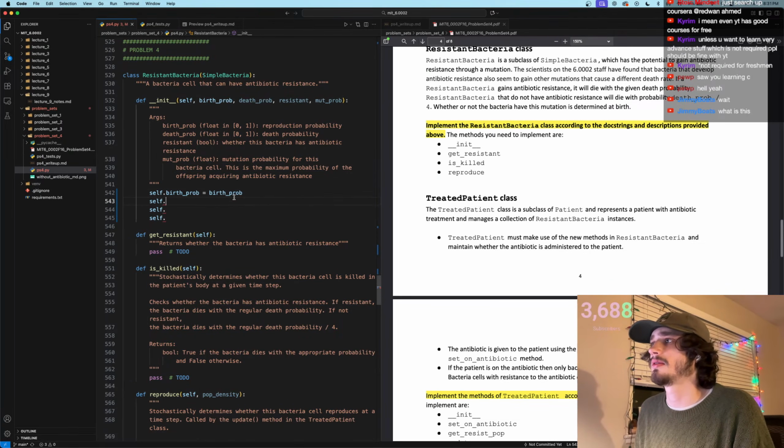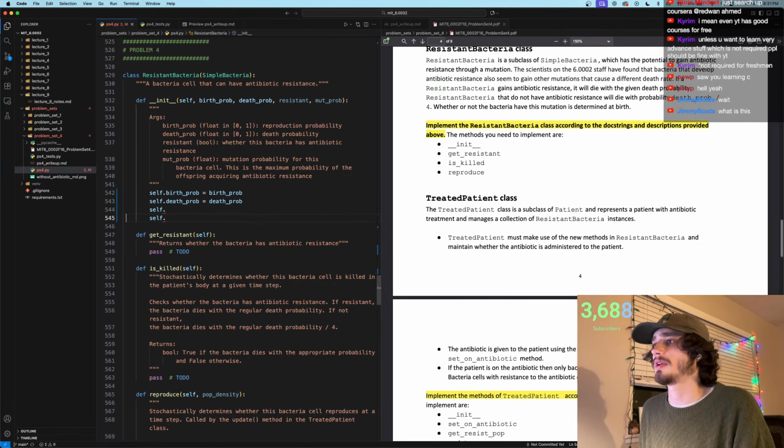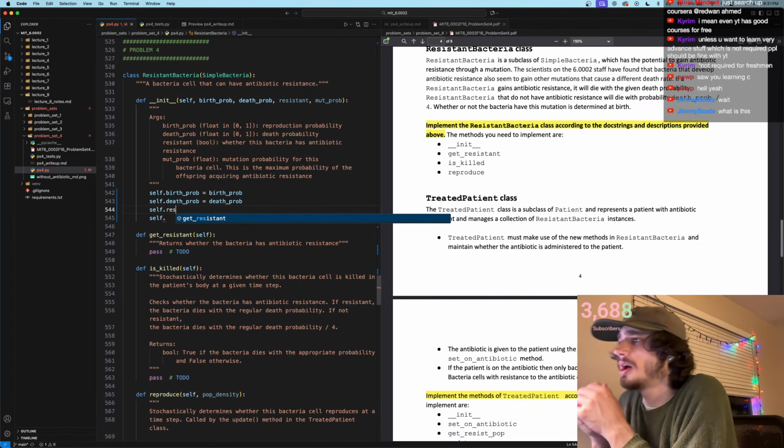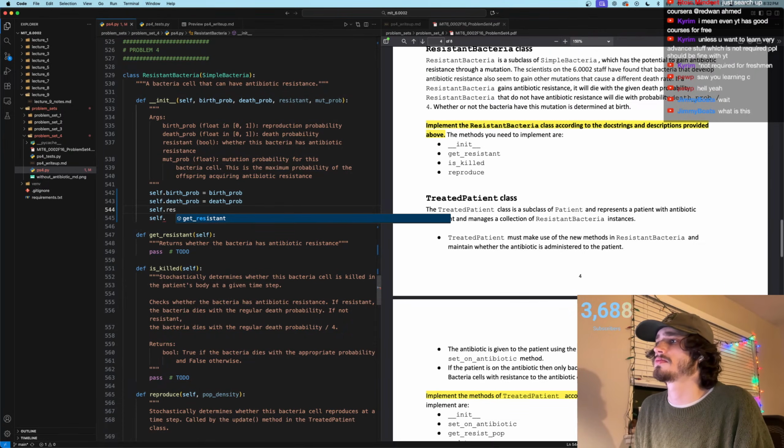And then self.death prob is equal to death prob. Self dot resistance, a Boolean, whether this bacteria has antibiotic resistance, resistant equals resistant.